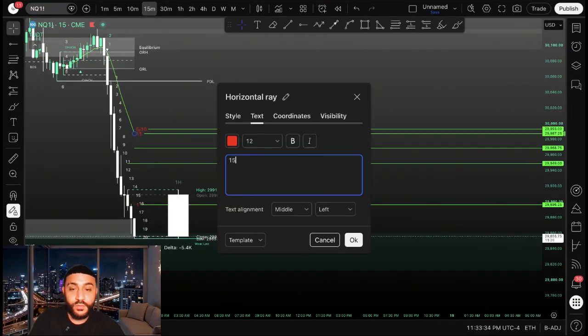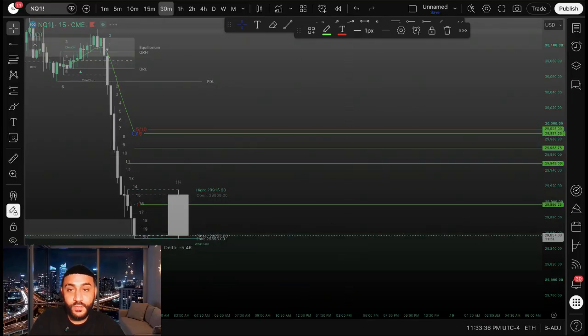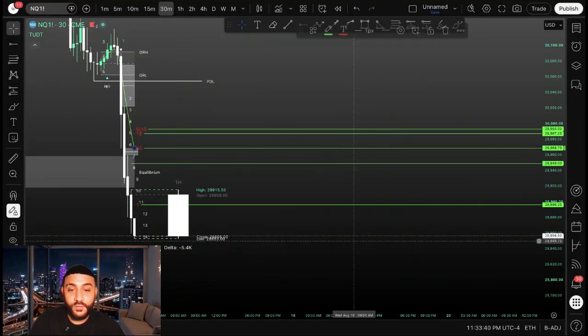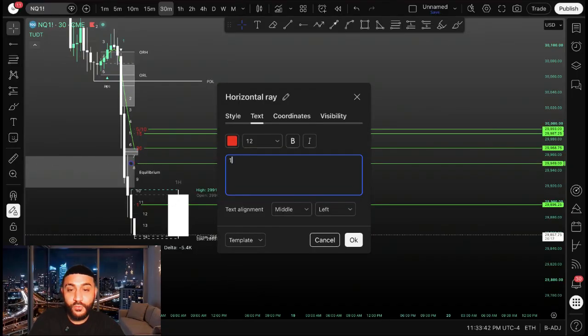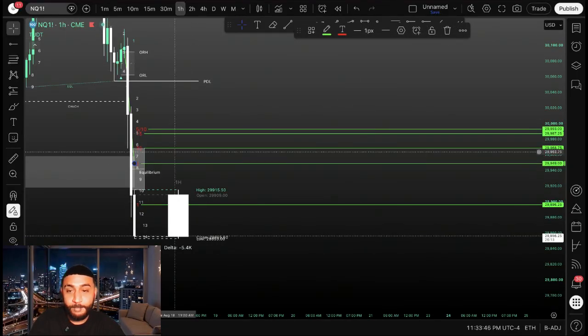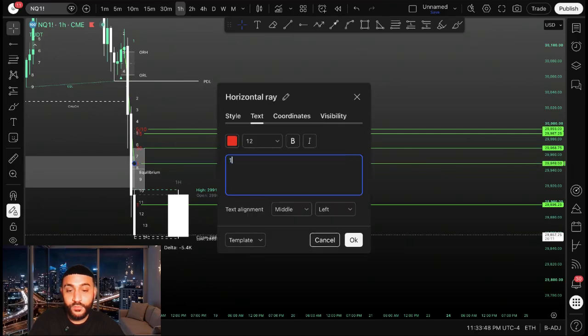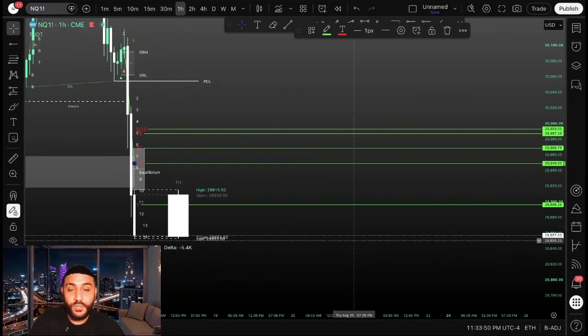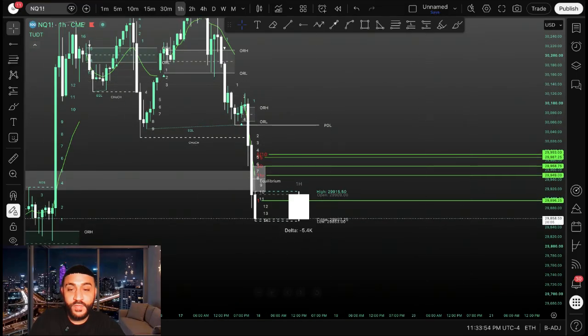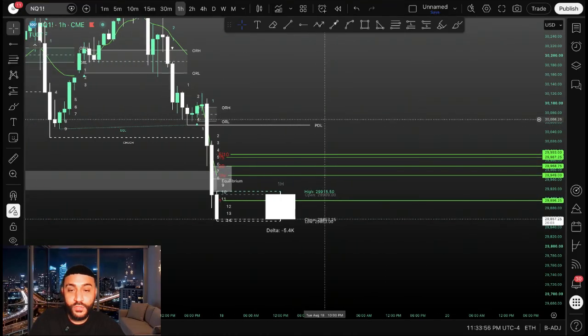So we'll mark this the 15. The 30 is right there. Mark that the 30. And then our 1 hour is right there. All right? So actually, let me do 1 hour. Cool. So now we've identified where the 50 EMA is on all those time frames, right?